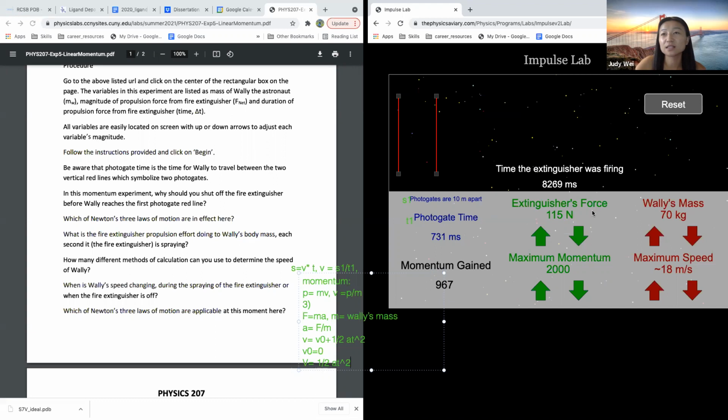So here is T. This is the T for acceleration time. So this is the external force.